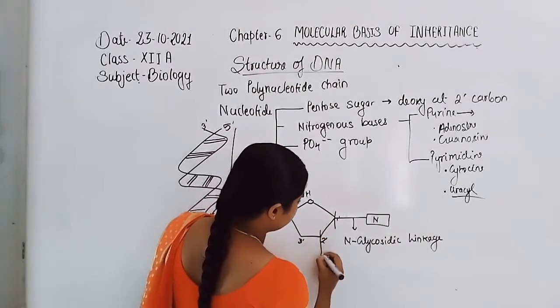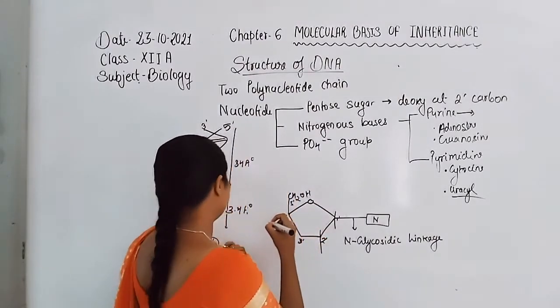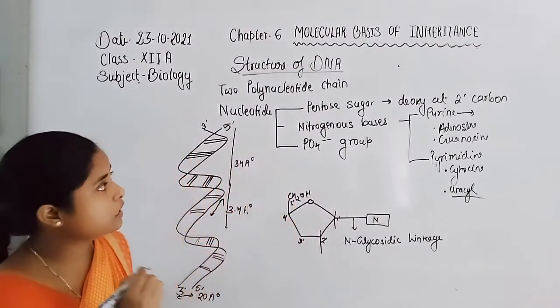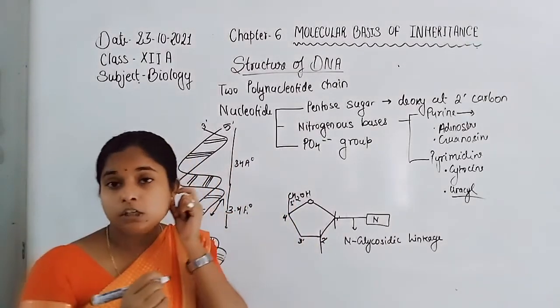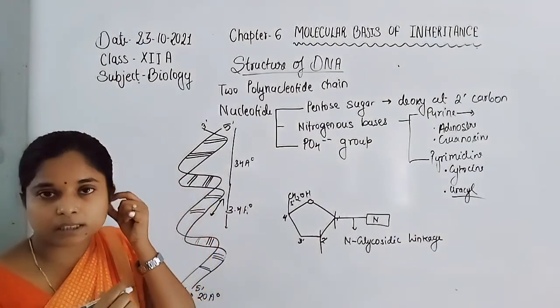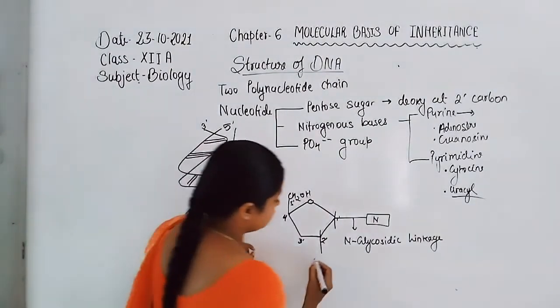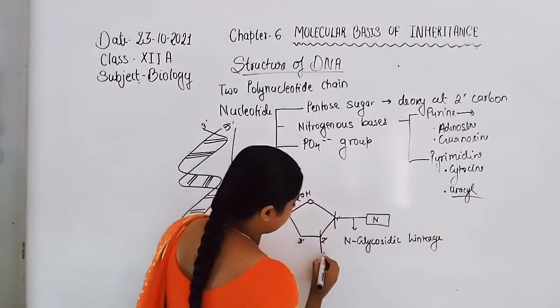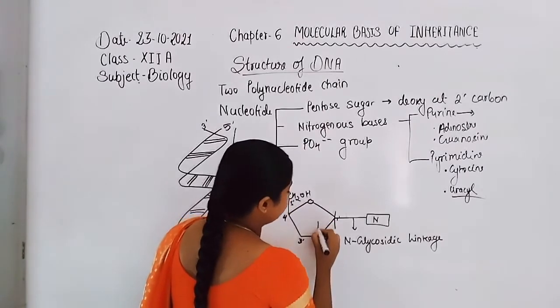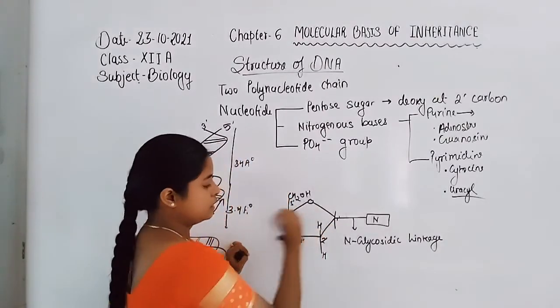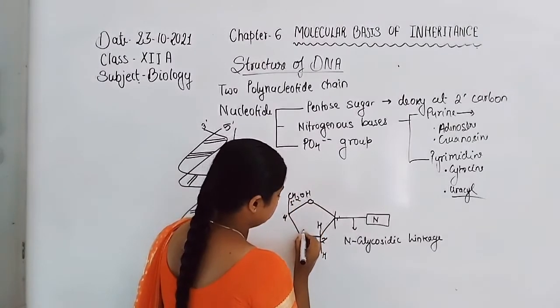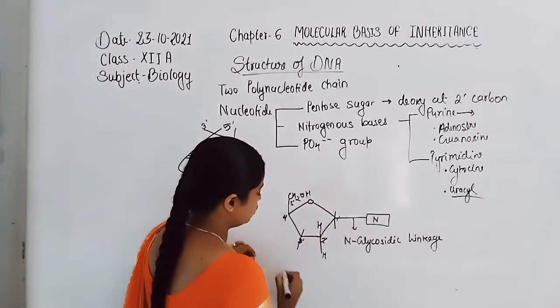At the 2 prime, because the nucleotide is of DNA, a deoxynucleotide is present in DNA, where the 2 prime carbon lacks the hydroxyl group, whereas the other carbon will have the hydroxyl group.